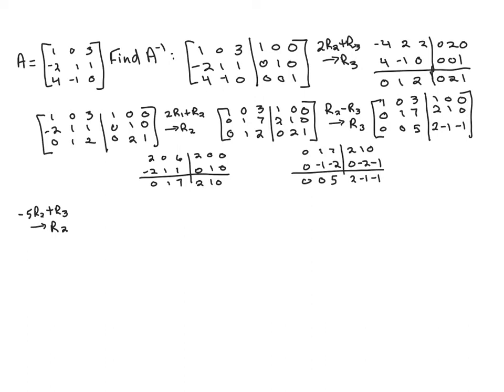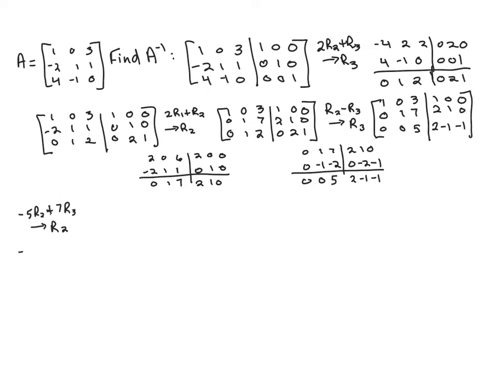And I'm going to do a minus, hold on, I need a 7 there. Erasing this. Minus 5 row 2 plus 7 row 3, big numbers, and replace row 2.